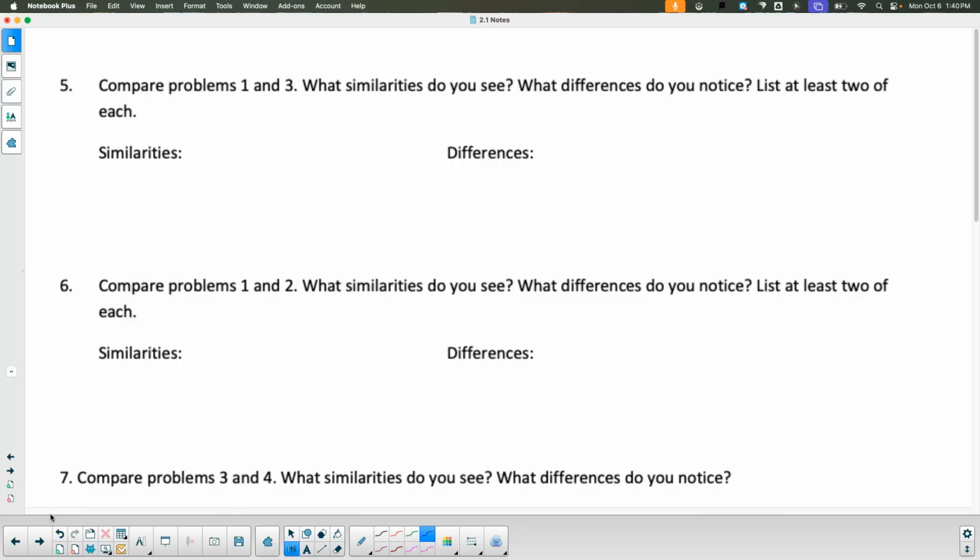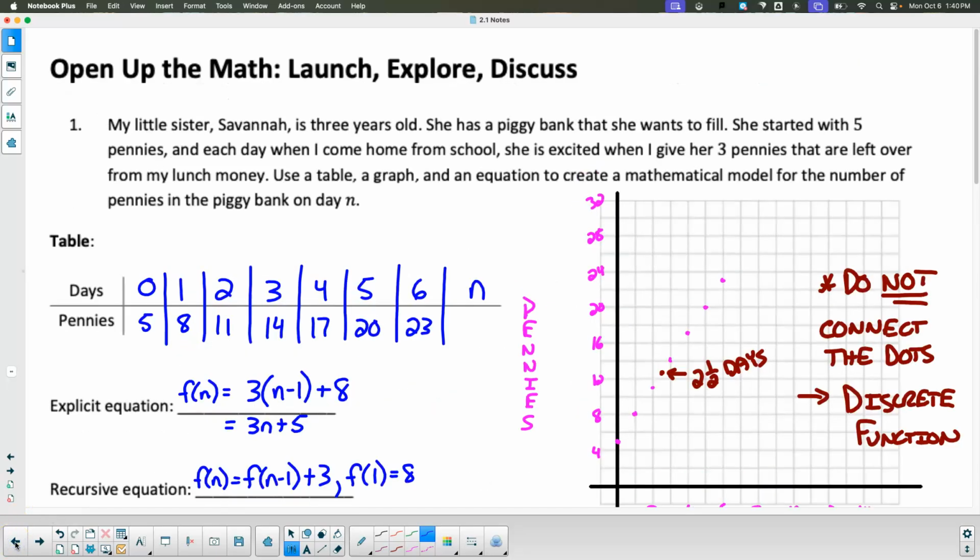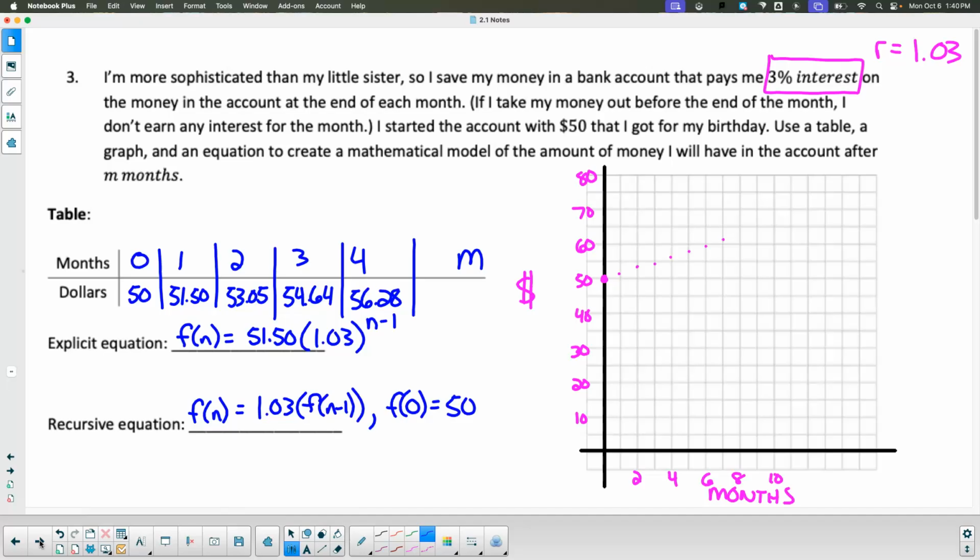Compare problems 1 and 3. What similarities do we see? What differences do we notice? At least two of each. Okay? So problem number 1 was Piggy Bank Savannah. Problem number 3 was bank account, Savannah's elder sibling.